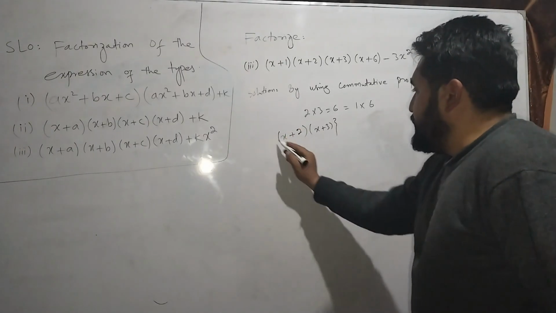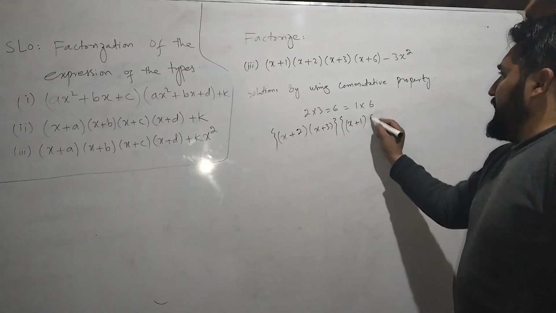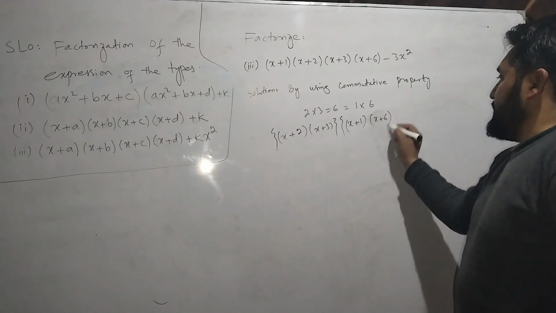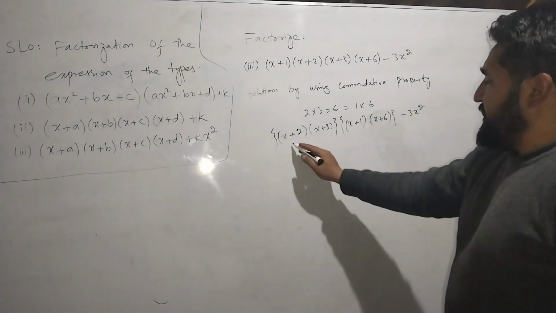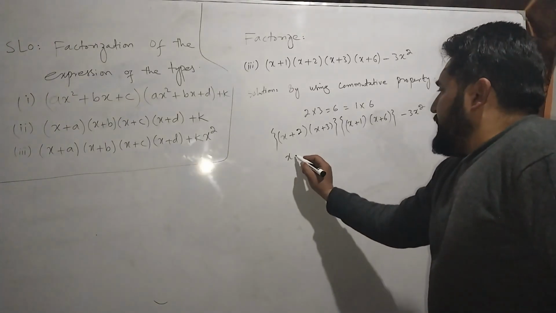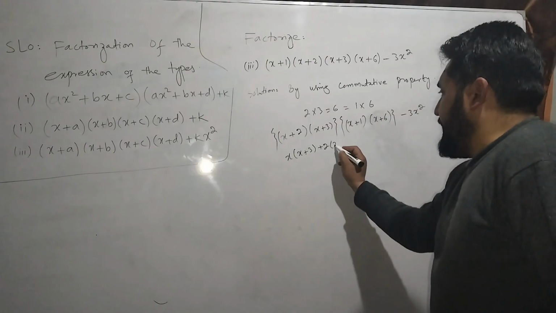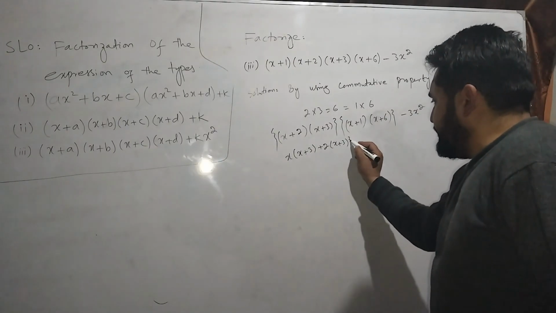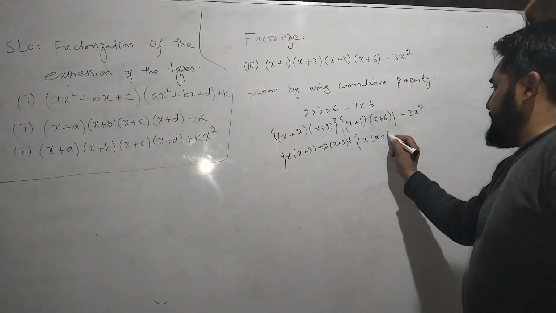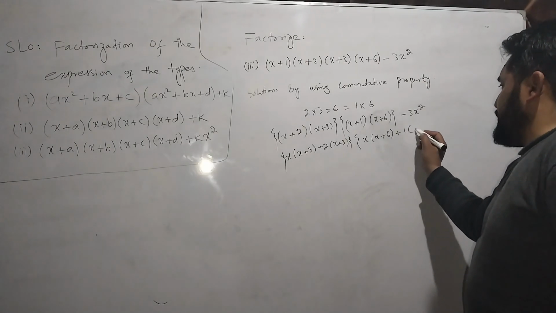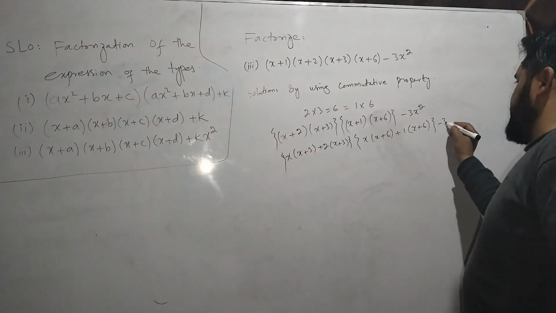We multiply these two separately and x plus 1 and x plus 6 separately and minus 3x square is here. Just multiply these two, x into x plus 3 plus 2 into x plus 3, x into x plus 6 plus 1 into x plus 6, minus 3x square.